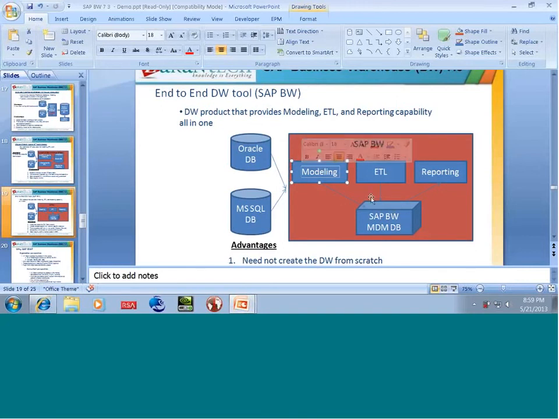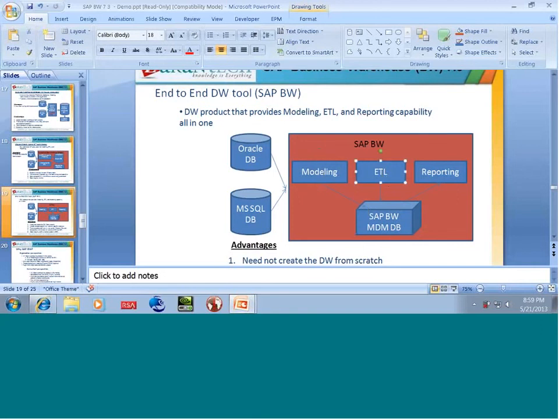Now, looking at the process, let's say we have several sources that have data. I can go into the modeling in SAP BW, design all my modeling requirements for my data warehouse, and create structures in my data warehousing system.